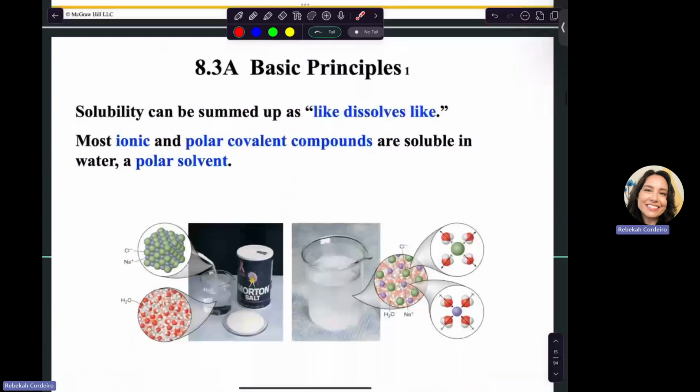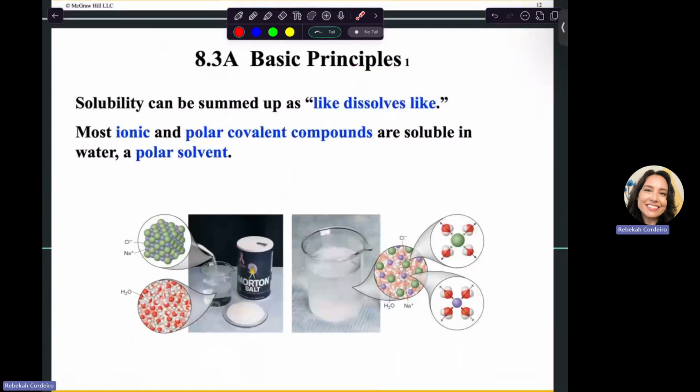We can talk about solubility in terms of the rule of like dissolves like. This is a general rule, and in real life it's more like a spectrum. You'll see that in 1152. Sometimes something dissolves better, not 100%, but better than other things.